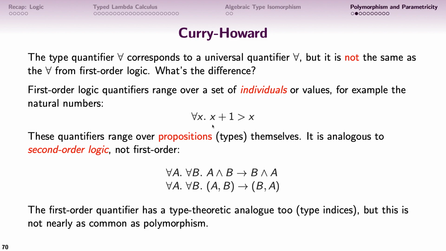You're saying for all types of kind Int, x plus 1 is greater than x is actually a valid thing, you could say. But that kind of data kinds polymorphism is much less common than normal type polymorphism, which is second order logic, not first order logic.